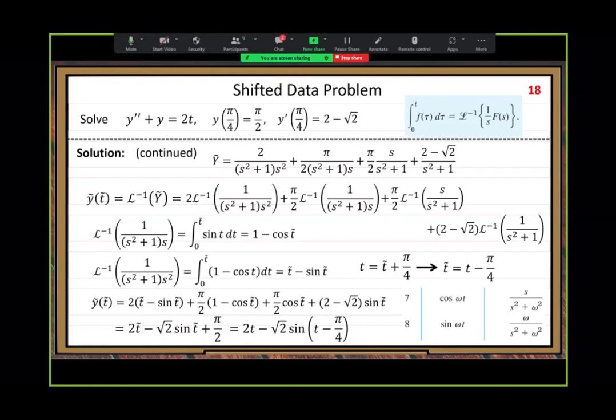You need to understand those changes, then you're fine. That part is relatively hard, so try to understand it: changing variable, shifting the t-axis, a horizontal shift.